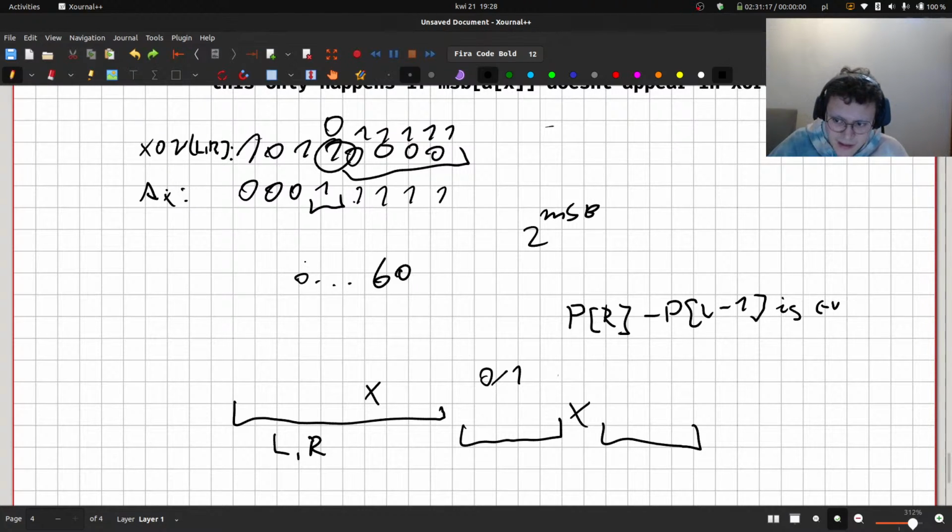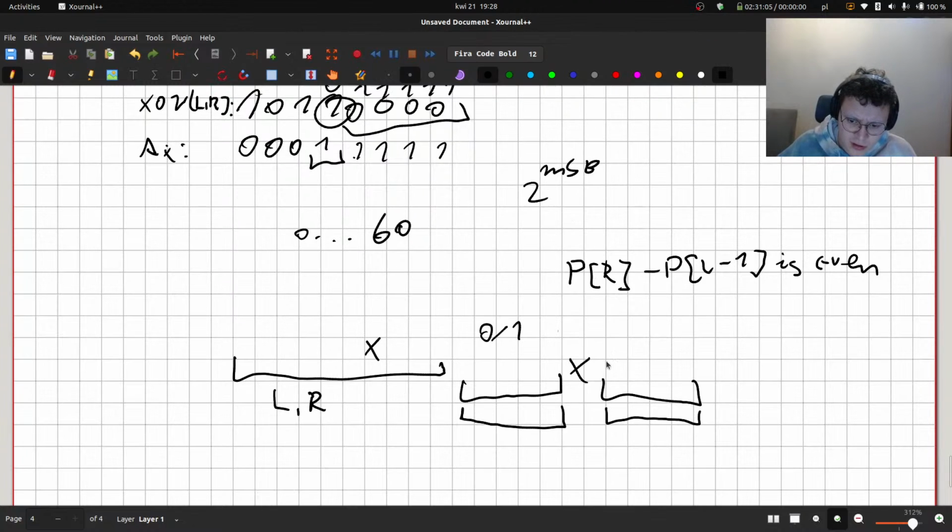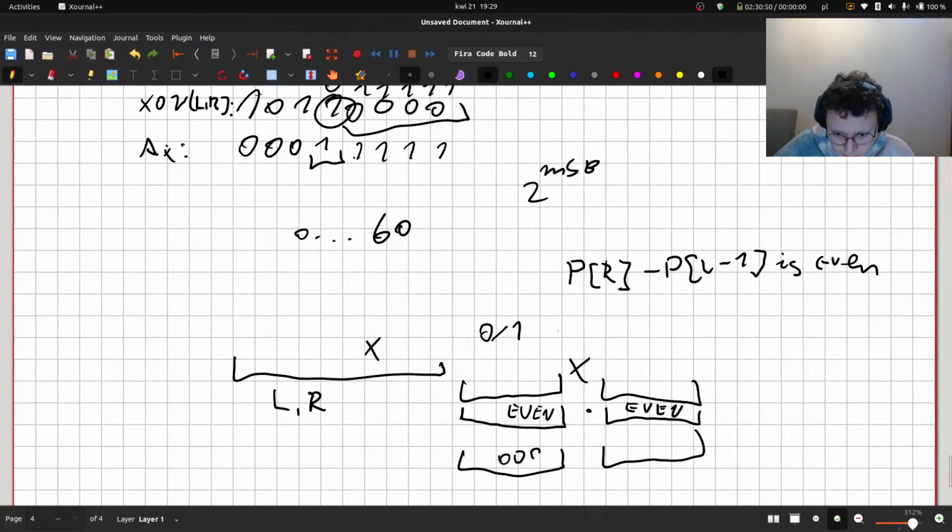So it's even when both of these have the same parity, right? So we want to calculate the number of even things to the left, even things to the right, and multiply them, and also calculate the number of odd things to the left and odd things to the right and multiply them. So even times even and odd times odd.